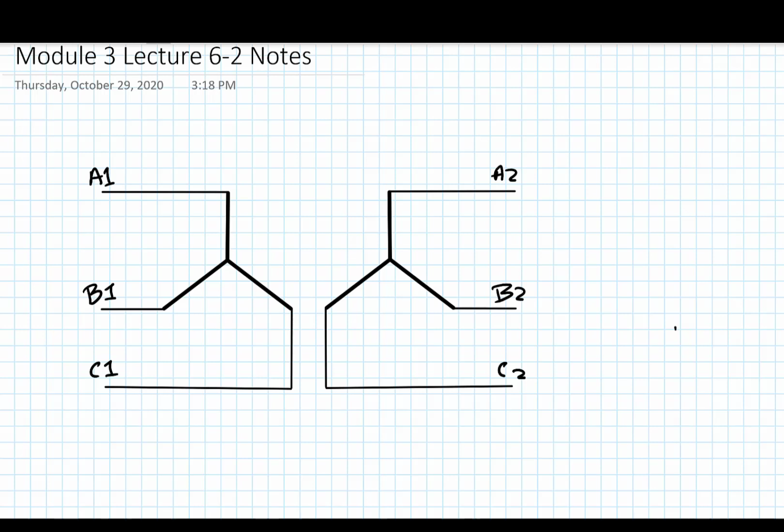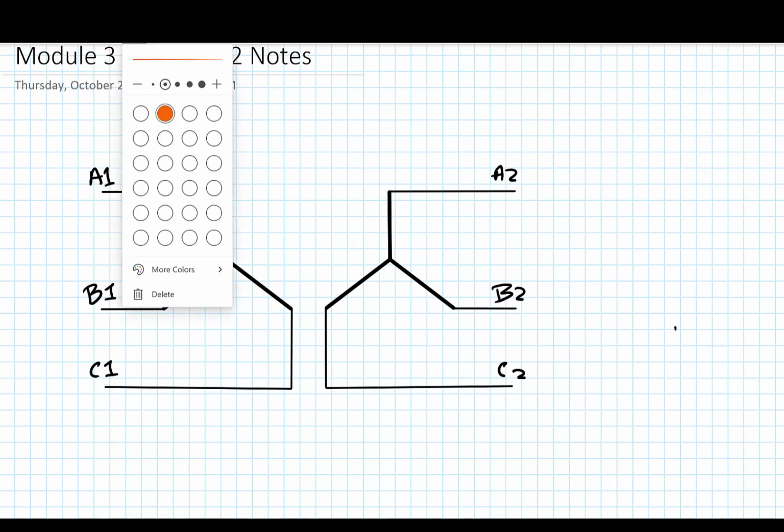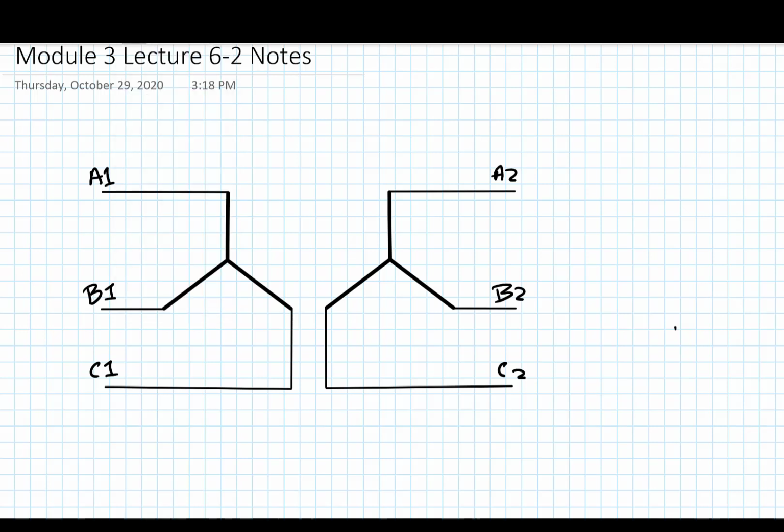That means that the references of those systems are isolated from each other. In fact, the neutral references are. So then it would be appropriate to identify a neutral for the primary side and a neutral for the secondary side.